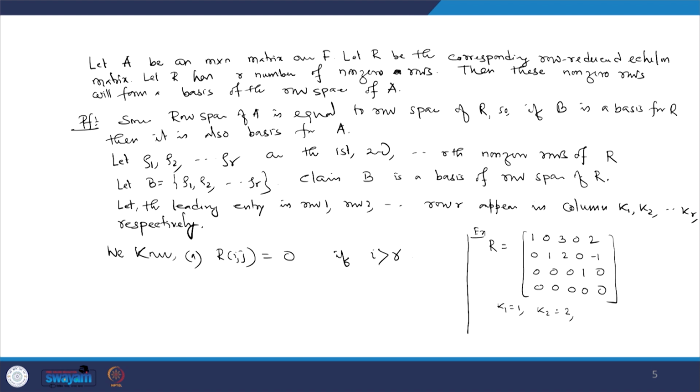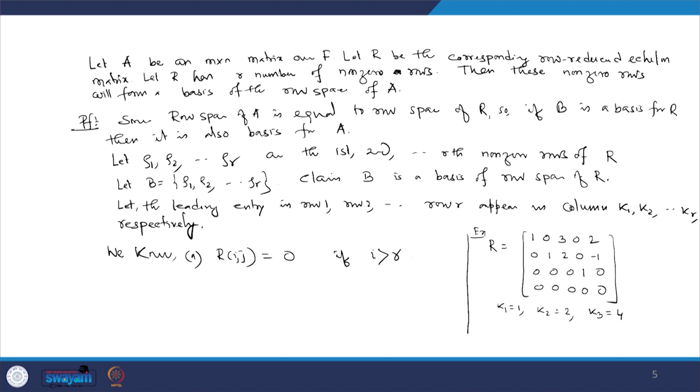The leading entry of the first row is in the first column, so K1 equal to 1. The leading entry in the second non-zero row appears in the second column, so K2 equal to 2. The leading entry in the third non-zero row appears in the fourth column, so K3 is equal to 4. And the last row is a zero row, so there is no question of a leading entry here. There are 3 non-zero rows, so for i greater than 3 the entries will be 0, that is clear from here.